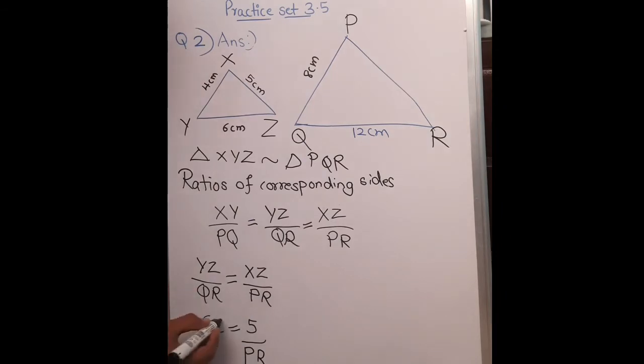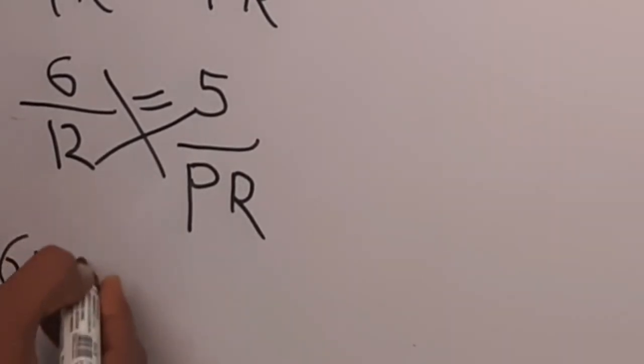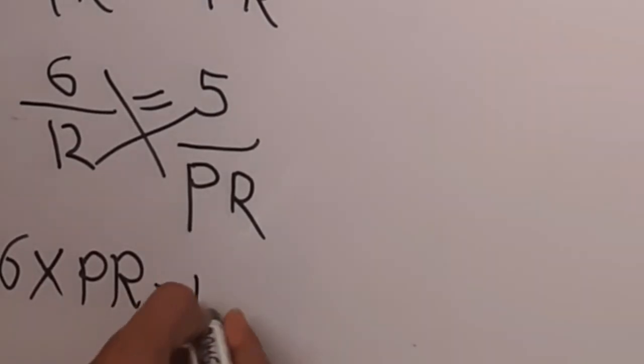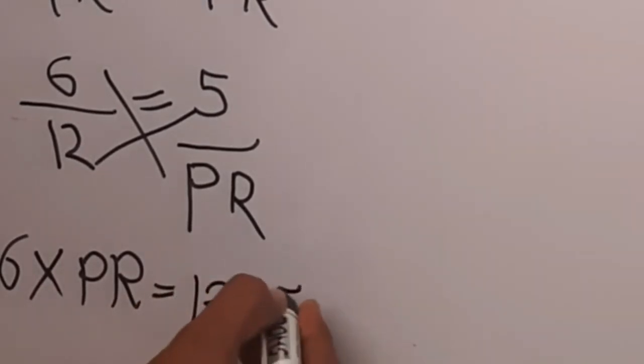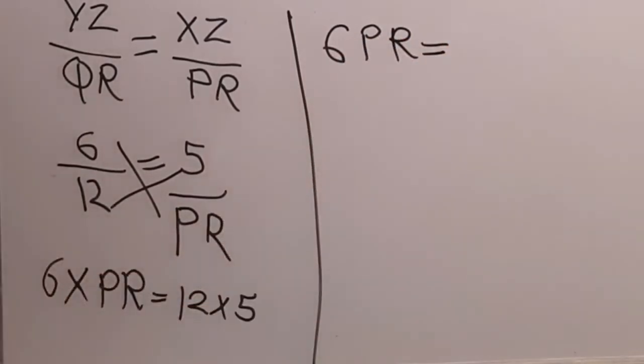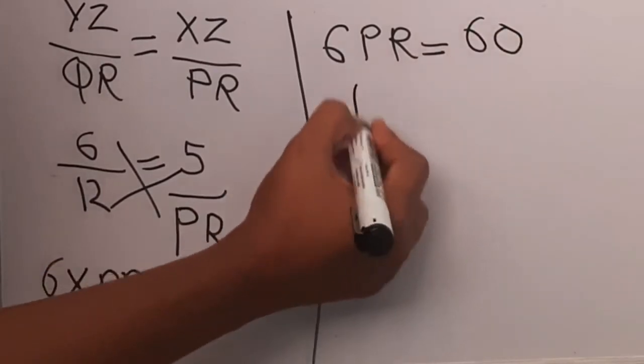In the same way, cross multiplication: 6 multiplied by PR is equal to 12 multiplied by 5. 6 PR is equal to 12 multiplied by 5, which is 60.